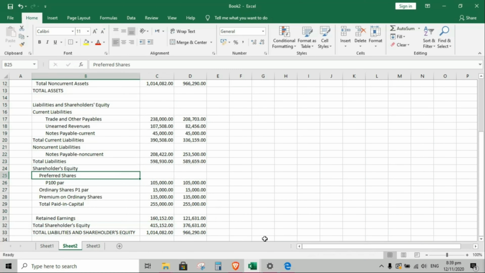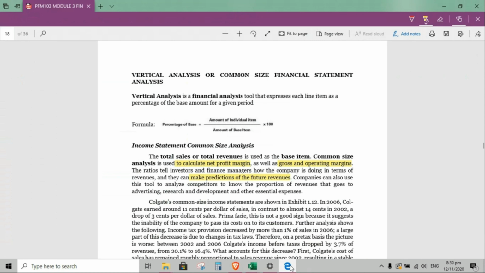Okay, so, bakit nga ba mahalaga yung vertical analysis? So, sa vertical analysis kasi, nakukompute natin yung net profit margin at saka yung gross and operating margins. So, ito mga to is financial ratios din siya, wherein makakatulong siya sa mga investors at finance managers to make predictions of the future revenues.